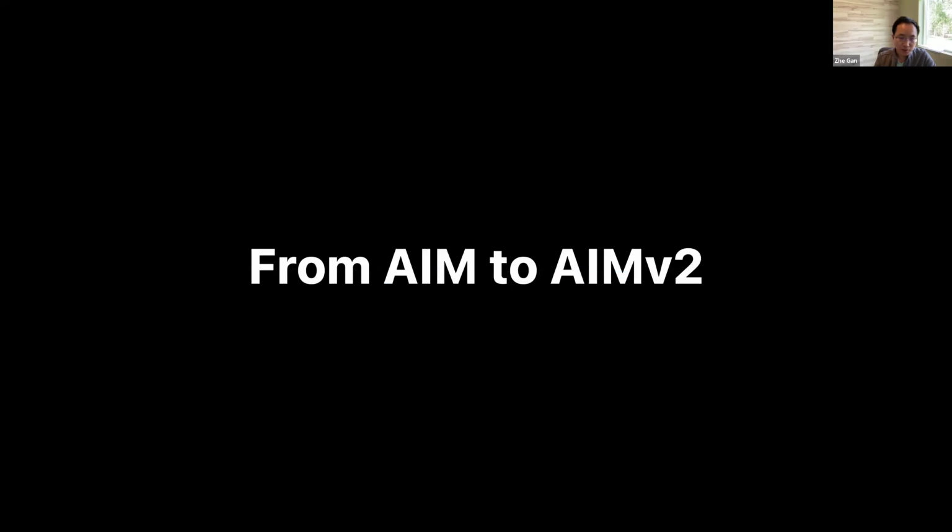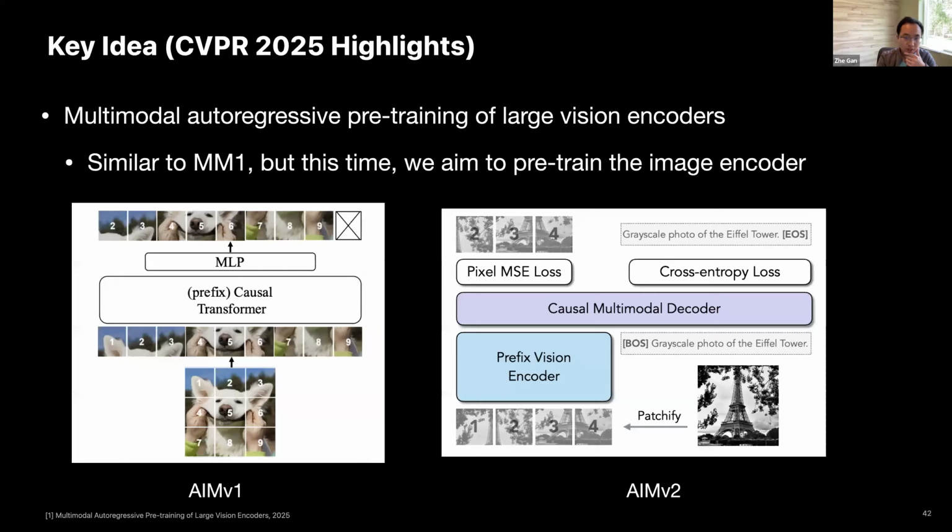So very quickly, I will talk about AIM and AIM v2. At a high level, in order to further upgrade AIM to AIM v2, we want to also leverage language supervision. But this time, instead of contrastive, let's do the generative part. All this work is connected.